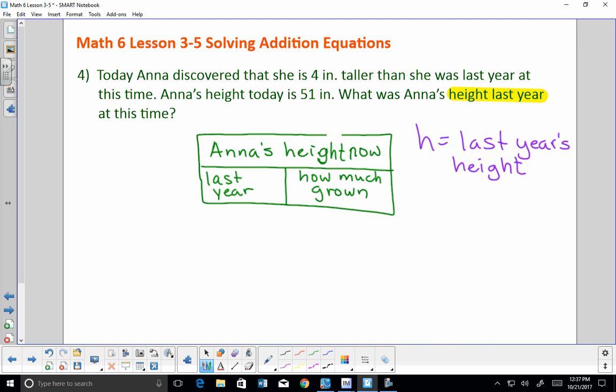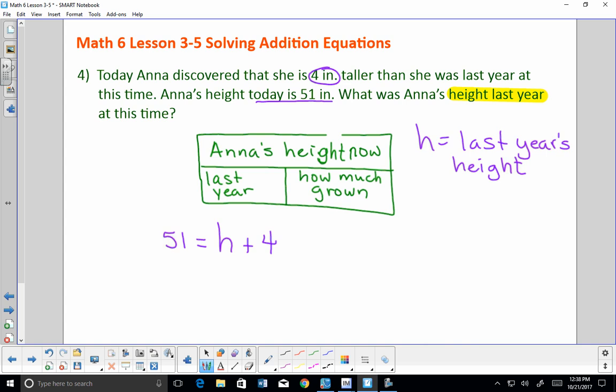So 51, her height now equals last year's height, which I don't know what that is, plus how much she's grown, which I do know what that is. So there's my equation. These equations are not difficult, but they need to be done in the order in which the sentence gave them to you. The sentence said that her height today is equal to last year's height plus how much she's grown, so we need to write it that way.